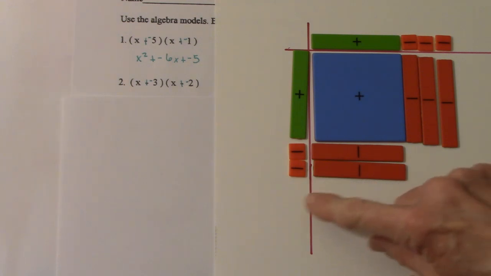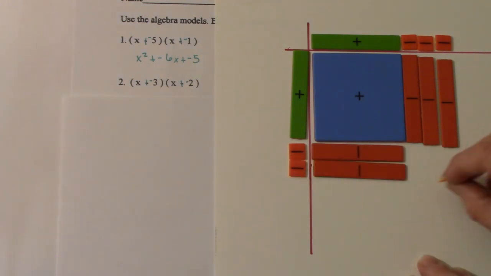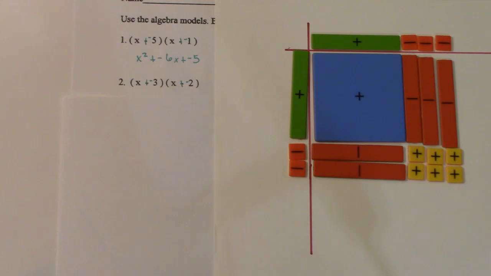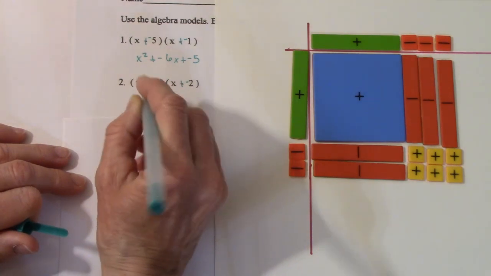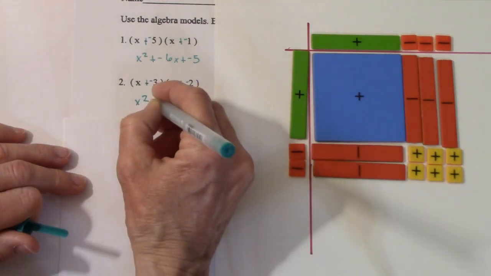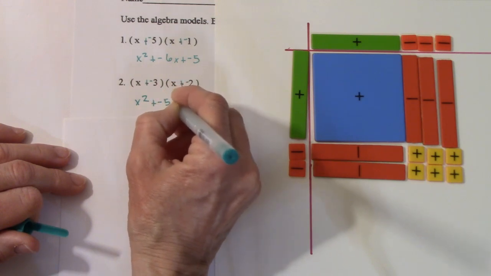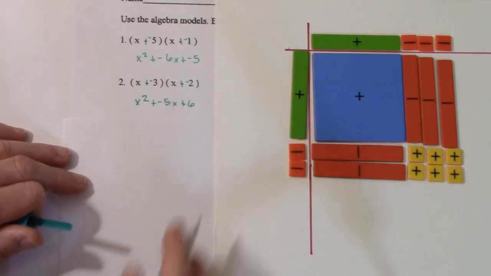And then we have a negative times a negative gives us a positive, and this is a positive, another positive, and another positive. So we see we have x squared, and we have negative 5x plus 6.